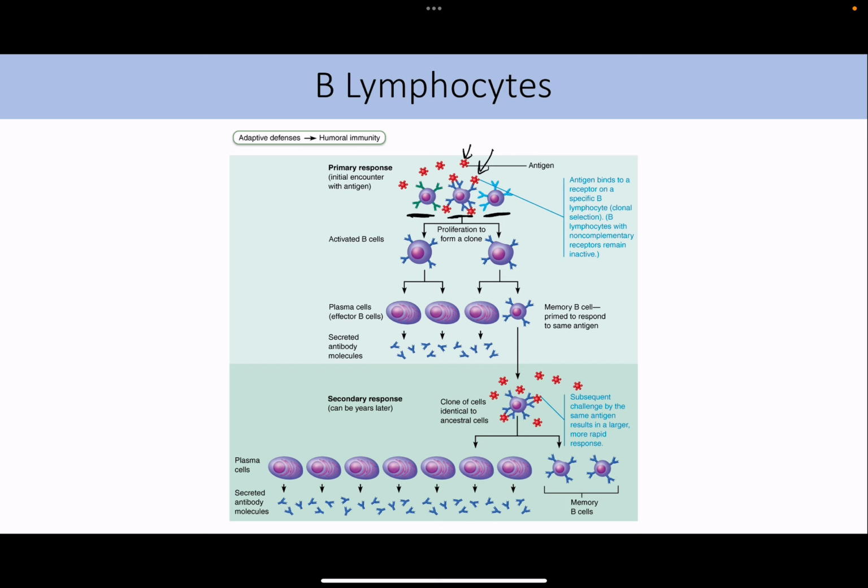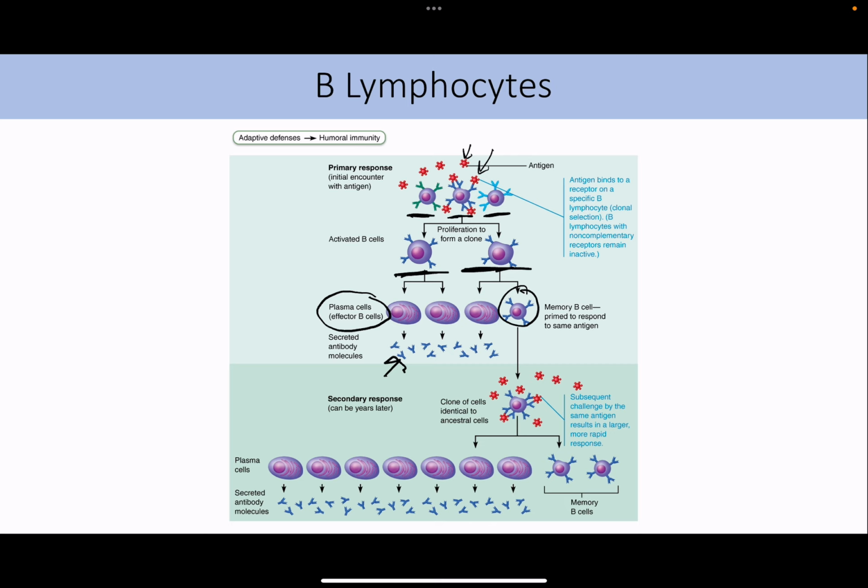And then once the antigen binds to that particular B cell, they can clone, or proliferate. So when the antigen binds to the B cell, it can make a clone, and when they clone themselves, they clone into plasma cells, which make the antibodies, and memory cells that just remember that particular antigen and stick around in case you're ever exposed to it again.